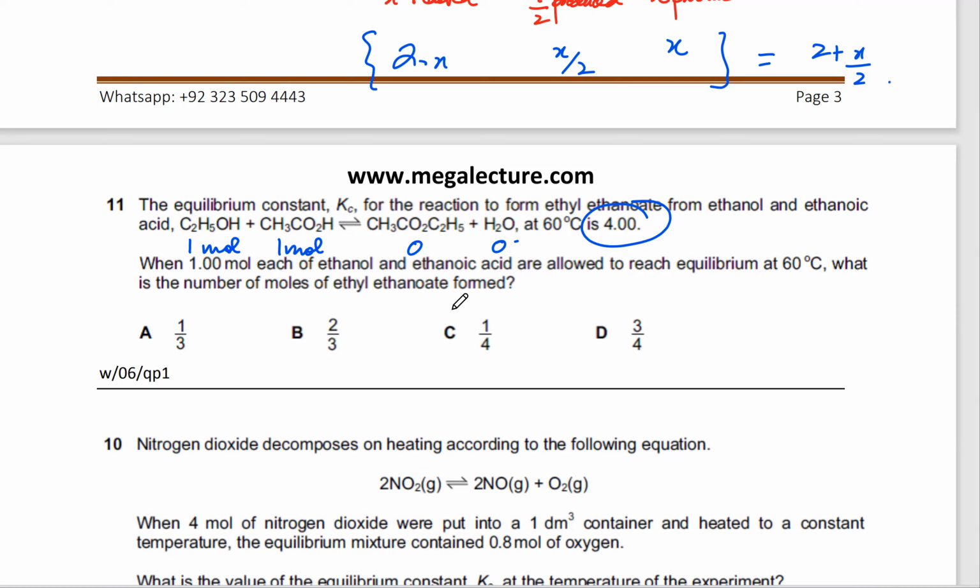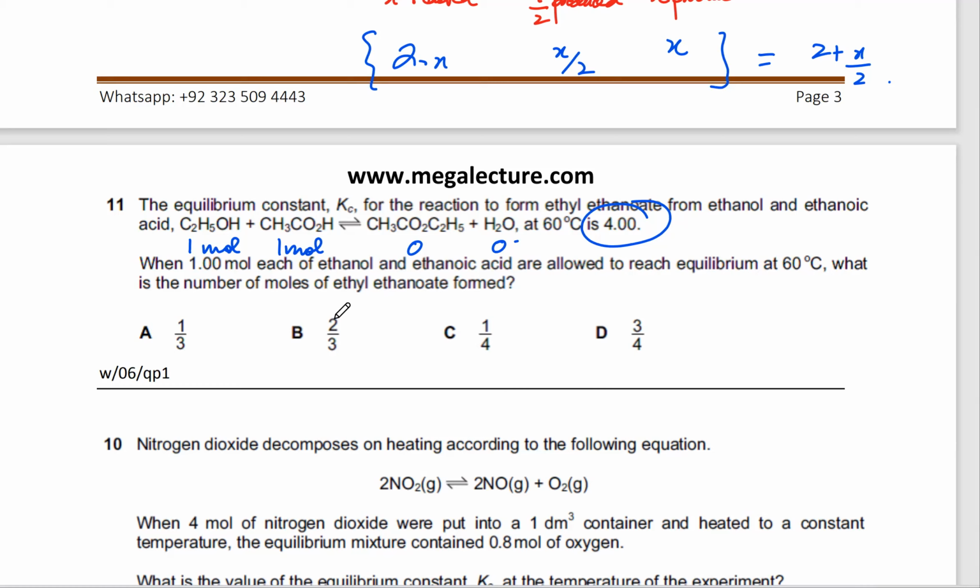So is the 1 mole not the equilibrium moles? No, that's the initial moles. Okay. So what are the equilibrium moles?